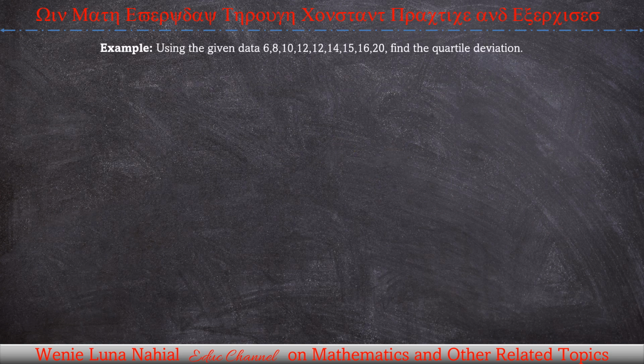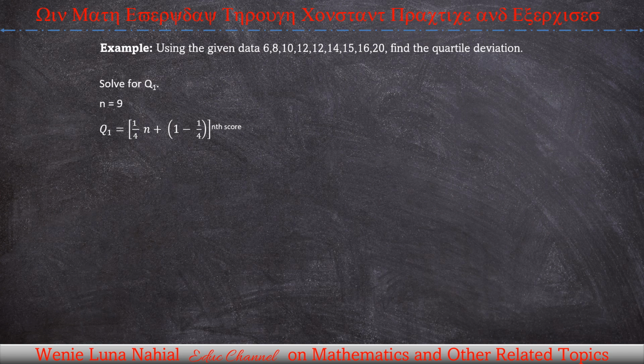Now, let's have an example. Using the given data, 6, 8, 10, 12, 12, 14, 15, 16, 20, find the quartile deviation. Okay, so first, we have to solve for Q1 and Q3. We have here 9 observations, and these observations are already arranged.